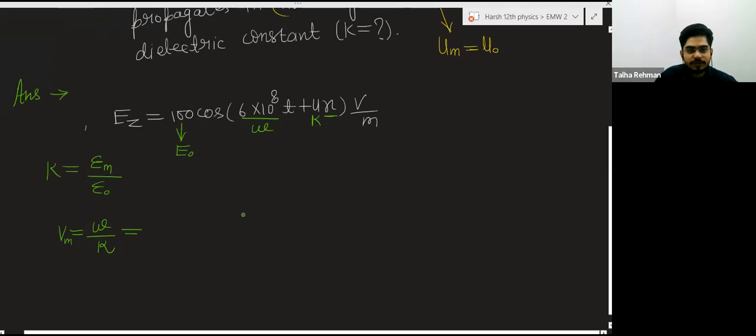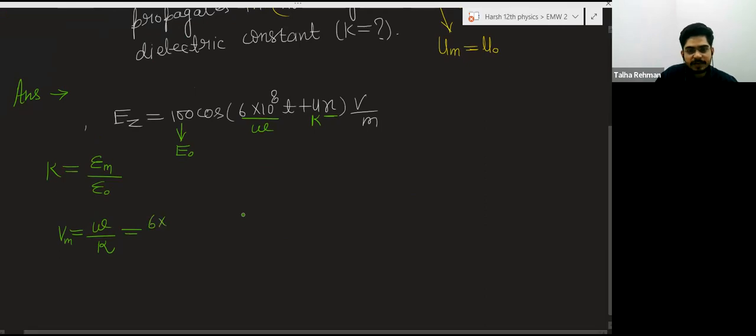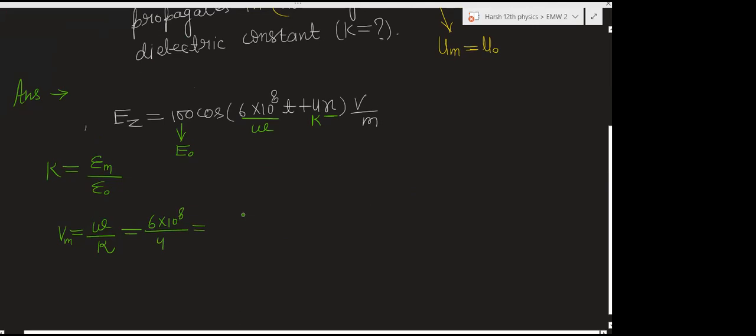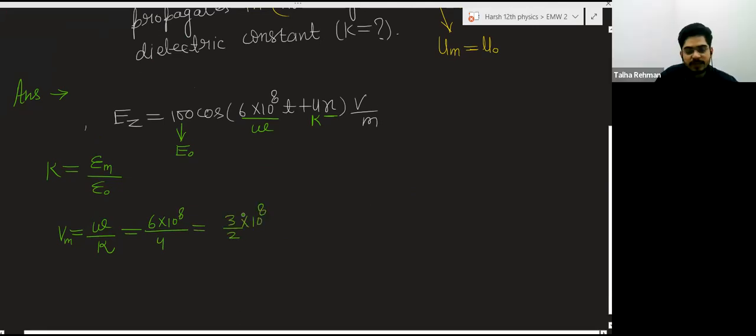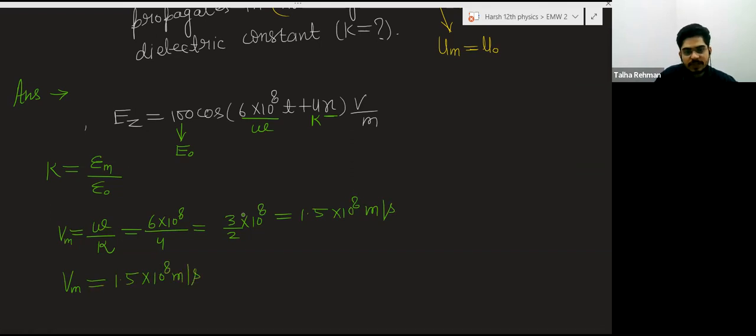And what is omega? Omega is 6 into 10 to the power 8. And what is k? K is 4. So basically you will get 3 by 2 into 10 to the power 8, and basically you will get 1.5 into 10 to the power 8. So the speed of the electromagnetic wave in this medium is equal to 1.5 into 10 to the power 8 meter per second.